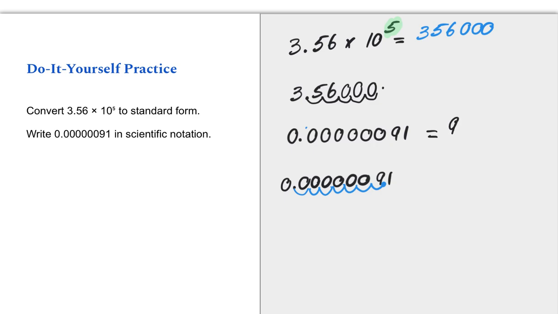So again, I'm going to write 9.1. Is this a number less than 10? Yes, it is. Multiplied by 10 and raised to, how many did we say? 1, 2, 3, 4, 5, 6, 7. To negative 7. Don't forget that negative exponent, because that will tell us that the standard number was less than 1.